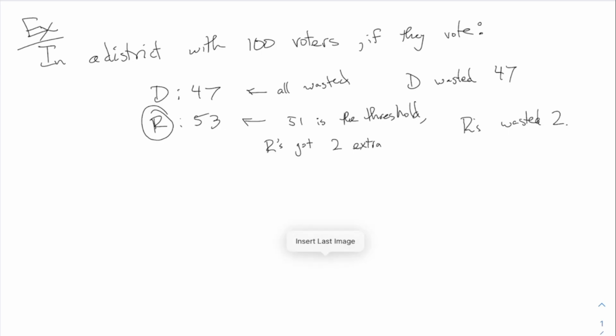And so I would say in an unpacked district, which is what this one is, fairly evenly matched between the population, the loser wastes a lot, right?